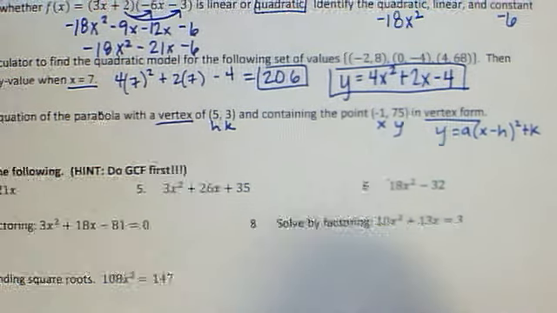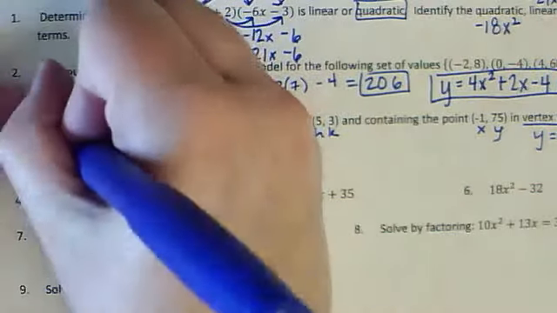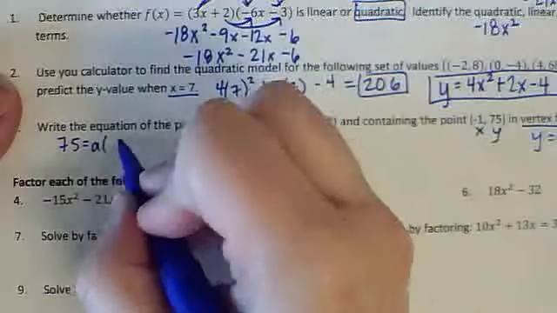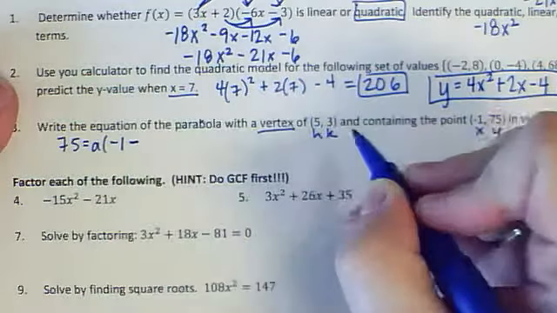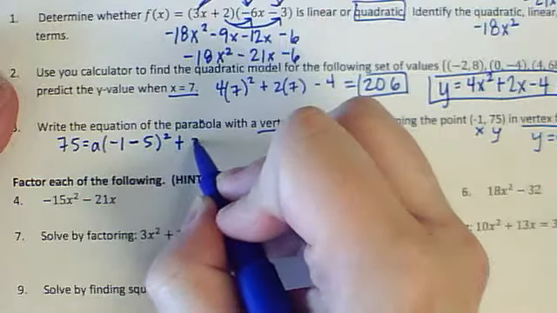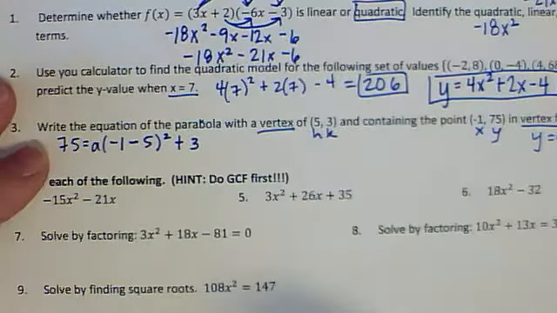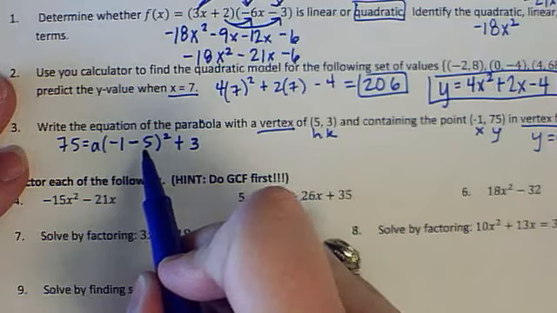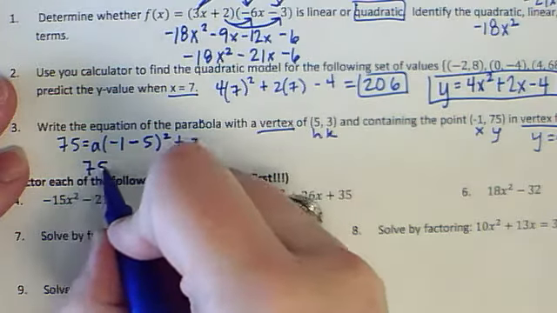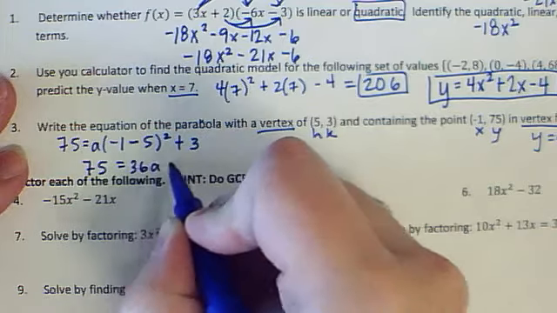So if we start off, 75 equals a, which I don't know because that's what I'm solving for, times (x is negative 1 minus h) squared plus k. Okay, so we go here. Negative 1 minus 5 is negative 6. Negative 6 squared is 36. So this becomes 75 equals 36a plus 3.